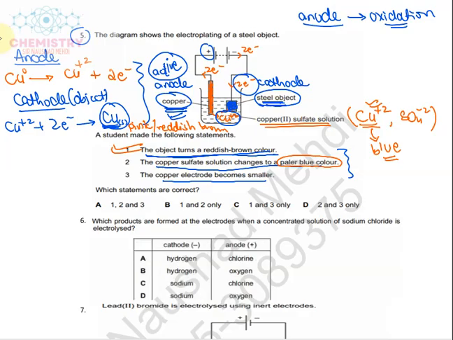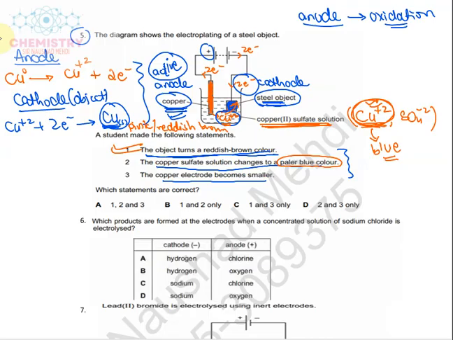The copper from the anode is getting oxidized and forming copper ions, and the copper ions coming from the anode are the ones going to the cathode. The copper ions which were present inside the electrolyte initially are not getting reduced at the cathode. The copper ions present in the copper(II) sulfate solution will remain as they are.